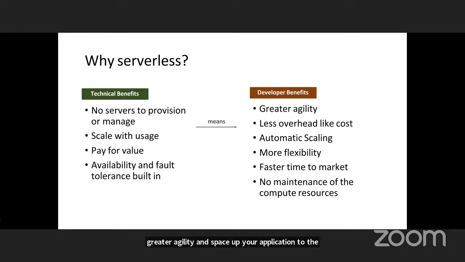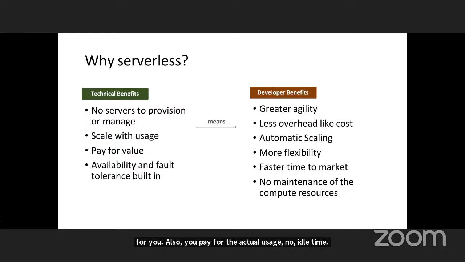And it scales automatically with usage. So you don't need to think about what happens if your application suddenly gets a lot of traffic. AWS will handle it for you. Also, you pay for the actual usage, no idle time, and it saves a lot of cost.